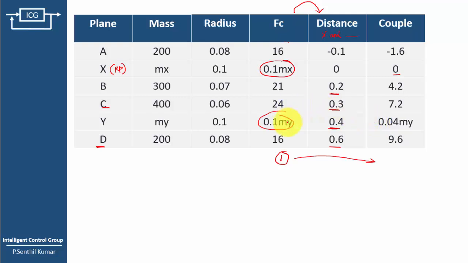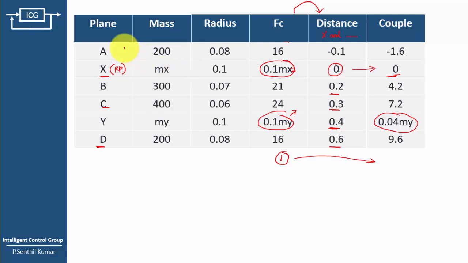How can I do that? I have to make either this value or this value 0. How can I bring this value to 0? By taking X as a reference plane. If I take X as a reference plane, this will be 0, then the corresponding multiplication will be 0. See here, we have only one unknown.